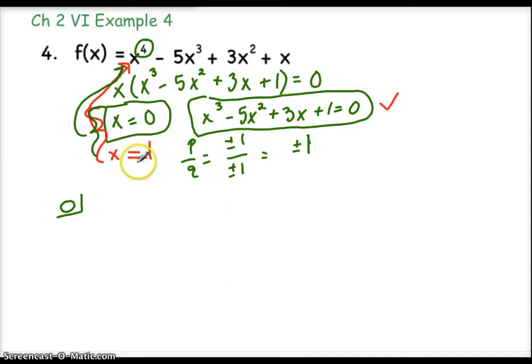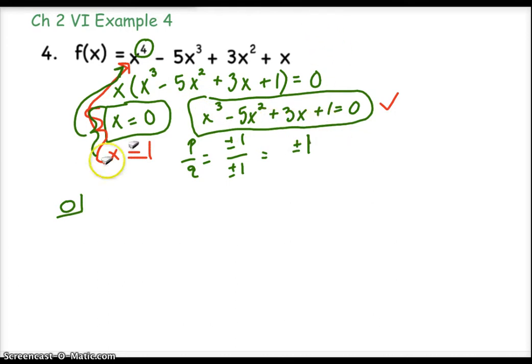You know, I just realized something. I don't need to synthetically divide the degree 4 polynomial. If I synthetically divide it by 0, it will reduce it to this polynomial that I have already found, x cubed minus 5x squared plus 3x plus 1. So synthetic division of the original by 0 will give me the degree 3 polynomial that I already have.